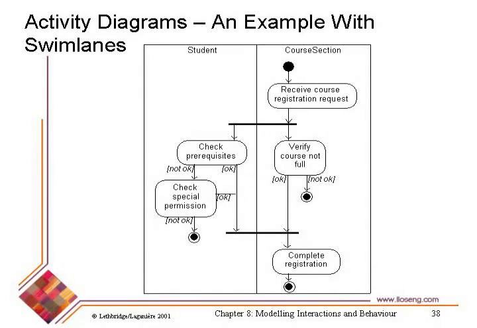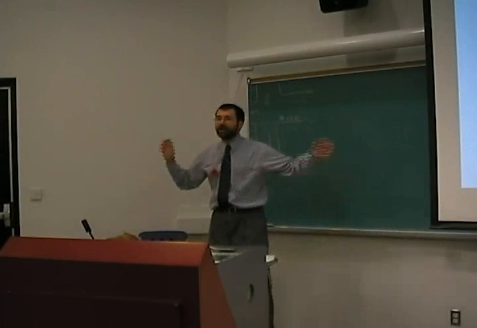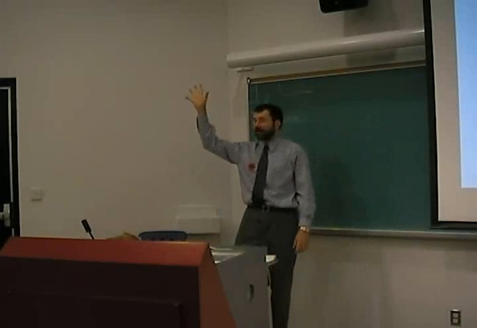Now, this is a little bit simplistic. You wouldn't probably implement this kind of complexity with multiple threads doing tasks in such a simple piece of work as registering in a course. But in much more sophisticated systems where you have tasks that take a lot of time and a lot of work, you do have to delegate time-consuming work to different objects and say, okay, you go off and do that, you go off and do that.